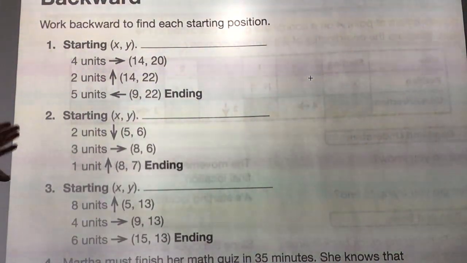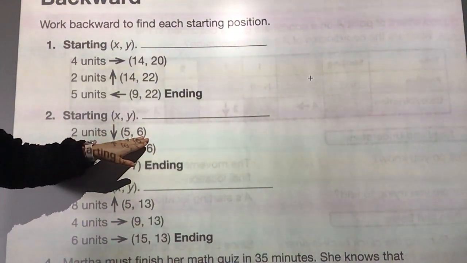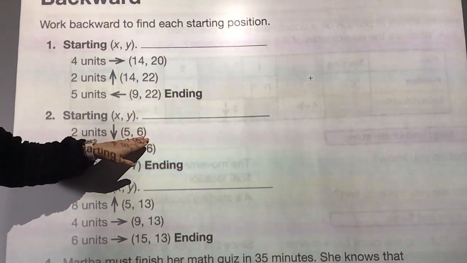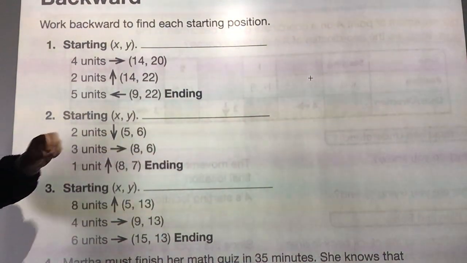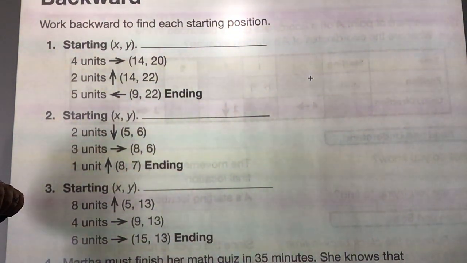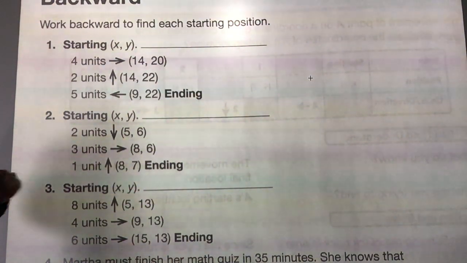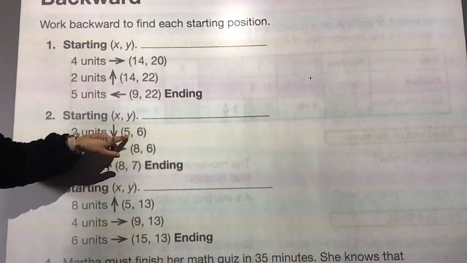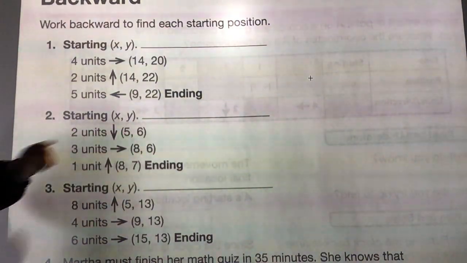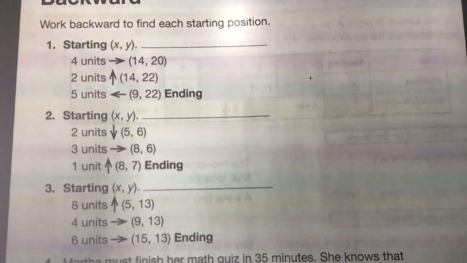When I'm going in the direction of up, is that going to change my x or my y? My y. Which number here is my y? My 5 or my 6? Look over here, x, y.